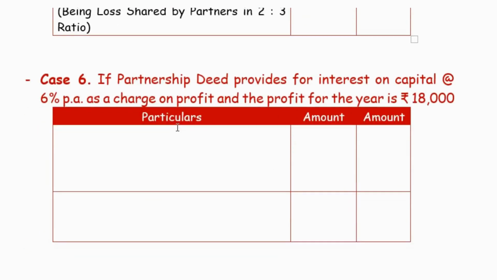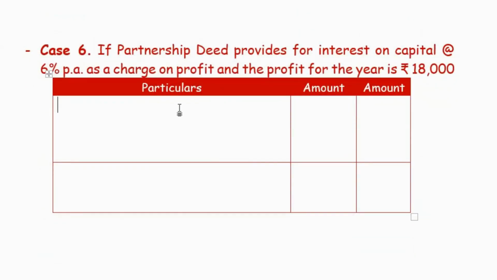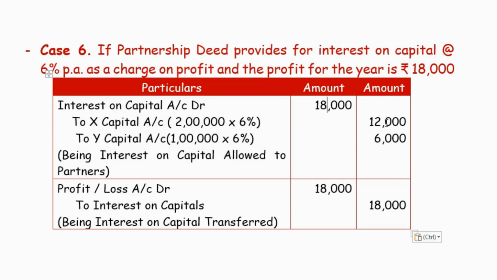Then coming to the sixth case, the partnership deed provides interest on capital at 6% and profit for the year is 18,000. For the interest on capital, we will just make a copy of the same entries we did in the previous case. So interest on capital 18,000, of which 12,000 and 6,000 are the partners' credit. Here in the profit or loss account, interest on capital is debited 18,000.